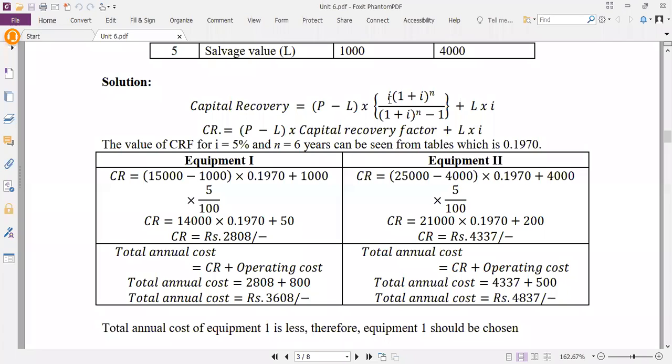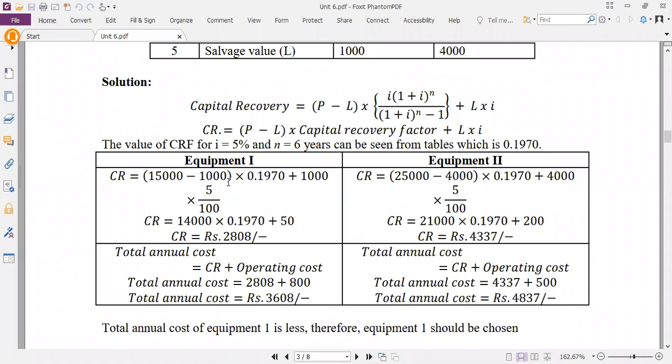If you don't want to refer to that table, you can put the I and N values in this formula. You will get that CRF value, that is 0.1970.